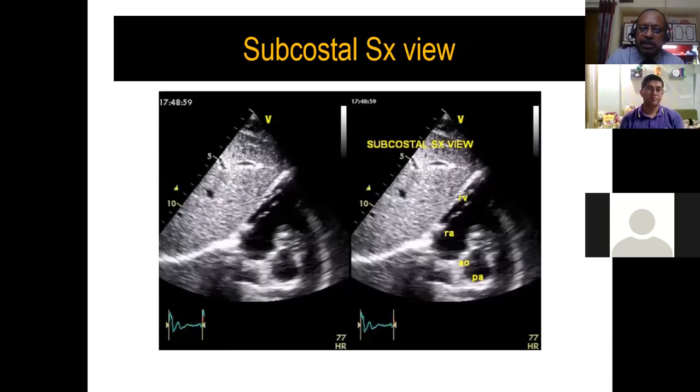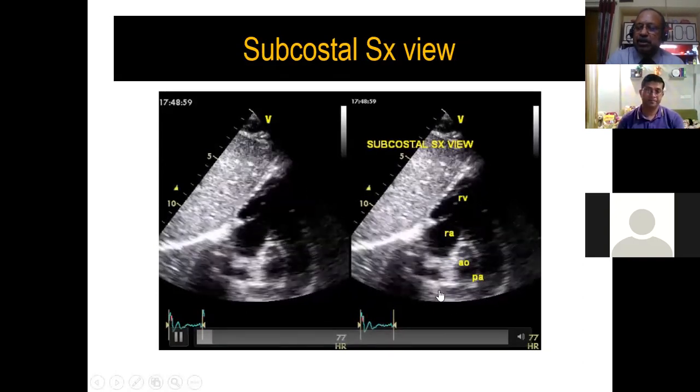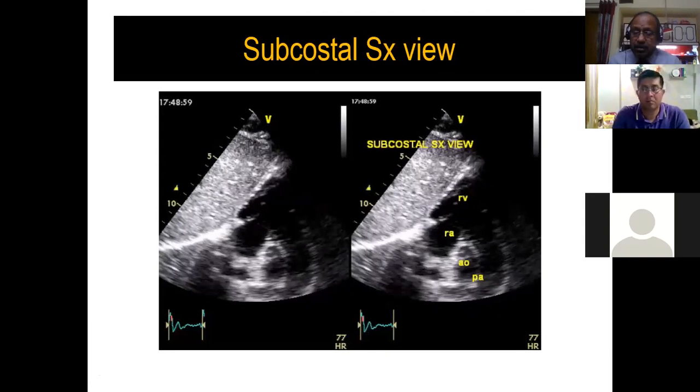In some COPD patients, we can drive this particular window, the subcostal window, as a short axis view. And this is a replica of the parasternal short axis view at the aorta. Virtually the aorta in the center and the pulmonic artery wraps around this particular aorta. So in COPD patients, we can have this window in the subcostal window.